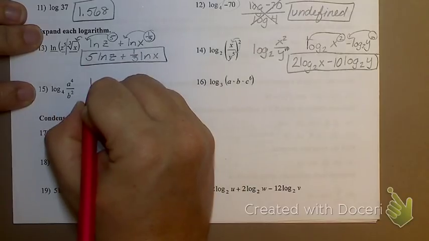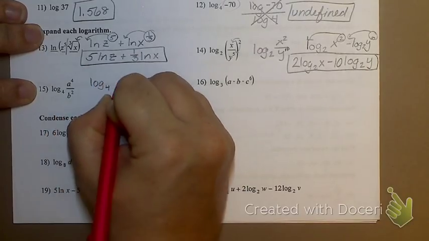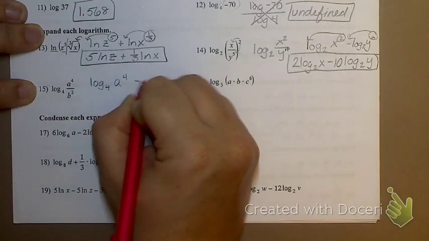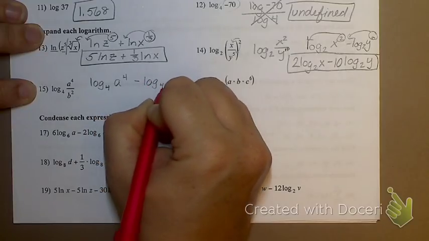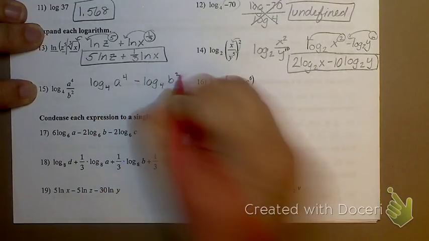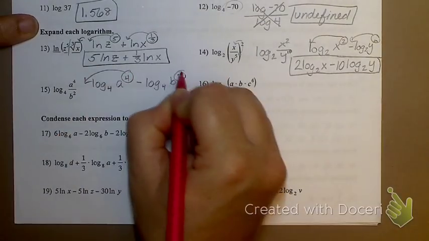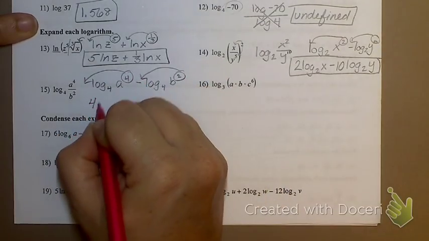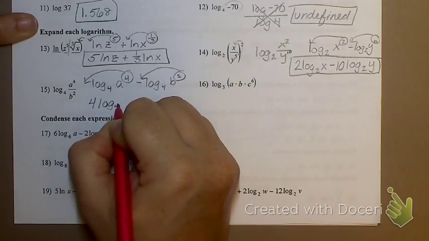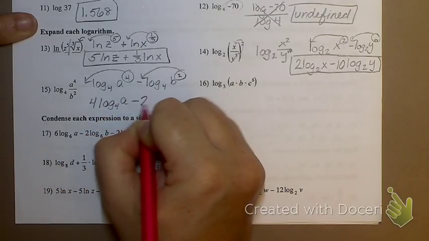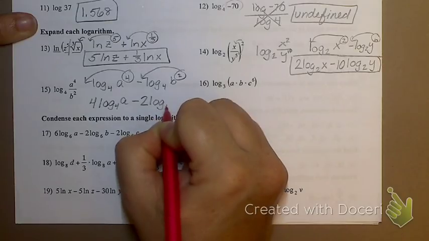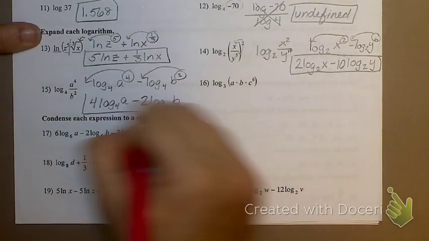So I have log base 4 of the top minus log base 4 of the bottom. Bump those exponents in front. So I have 4 log base 4 of A minus 2 log base 4 of B.